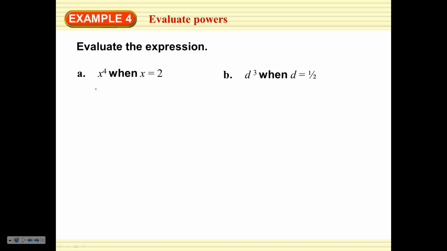So we're going to substitute it in, and we're going to have 2 to the fourth power, which equals 2 times 2 times 2 times 2. The base multiplied together 4 times. Okay? 2 times 2 is 4. 4 times 2 is 8. And 8 times 2 is 16.